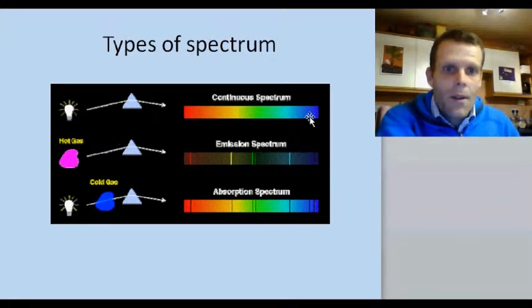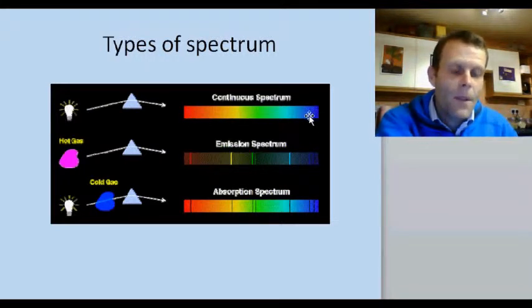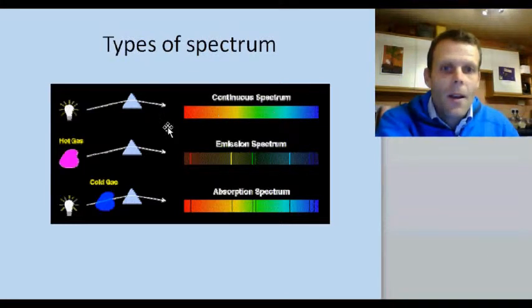So where are we going to see these colours? Well, we can get that entire spectrum of visible light if we shine a light through a prism. The white light goes in, the prism breaks it up, and you can see that every single colour is present. There's no gaps. That's what constitutes a continuous spectrum.